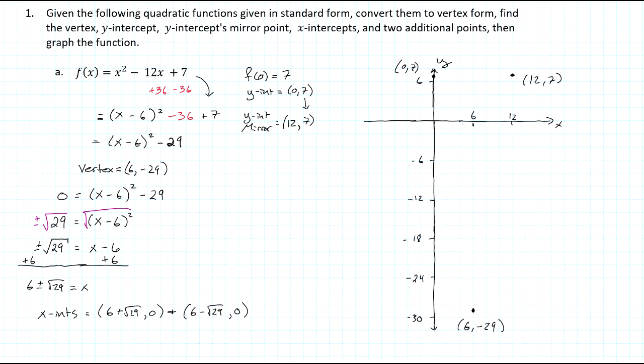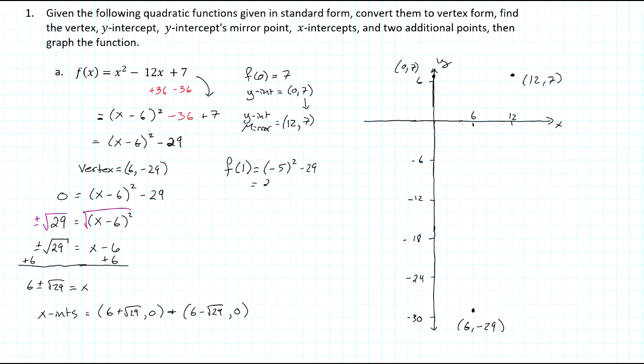But instead, I'm going to plug in 1 into this function, to see if I can get a point in that region. So f of 1 is going to be 1 minus 6 is negative 5 squared, and then minus 29.